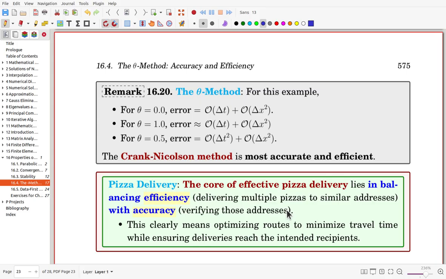And along with this, balancing picture delivery can be much more effective and successful. Life is also the same. You have to always try to keep balancing efficiency and accuracy. So from numerical methods, you can learn a lot for your future.